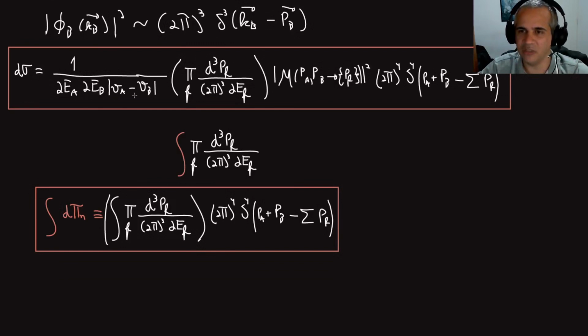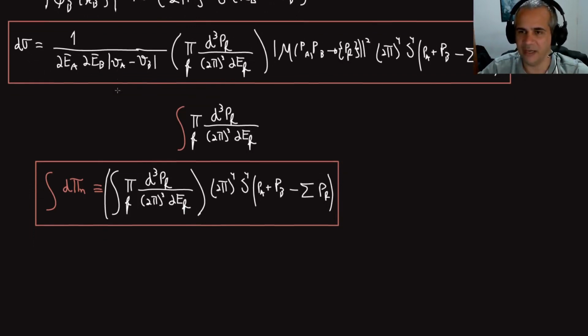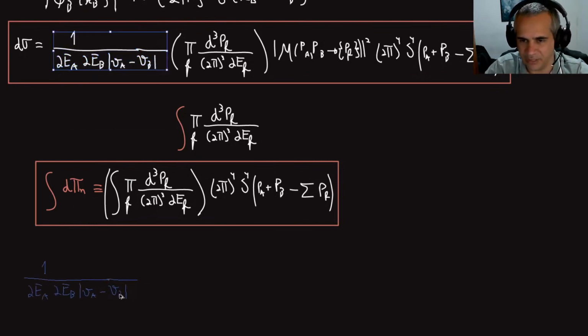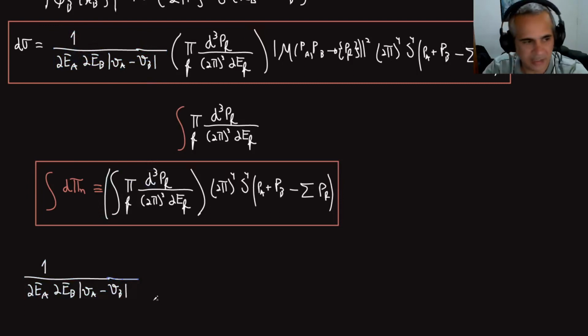To see how this would look if I didn't do it, I can rewrite it. Let me put it down here and rewrite it in the following way. First, these factors of 2 don't matter, they are Lorentz invariants.